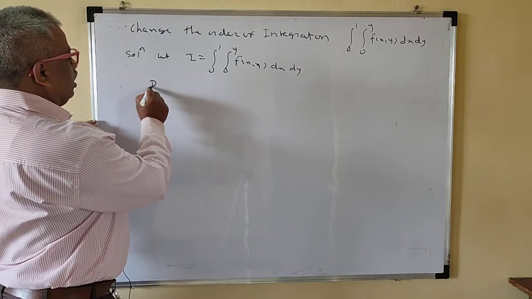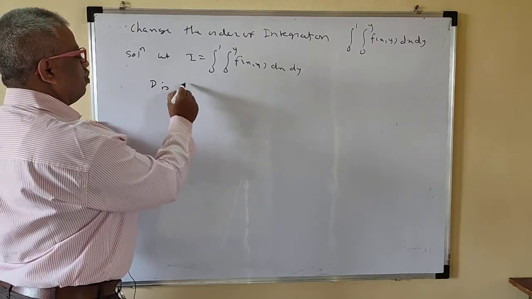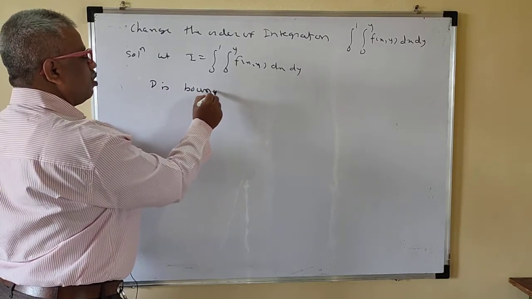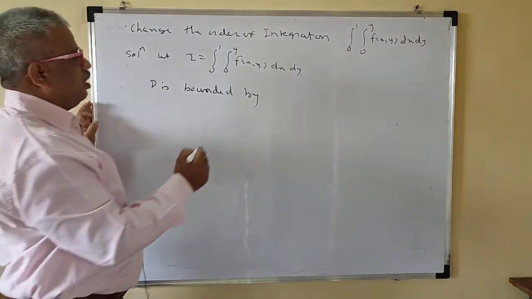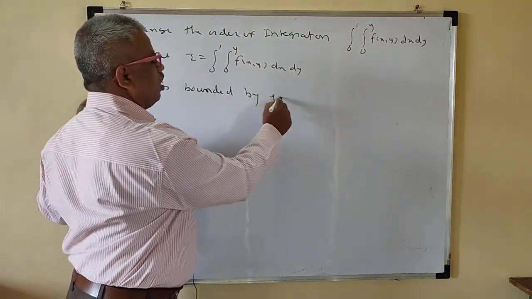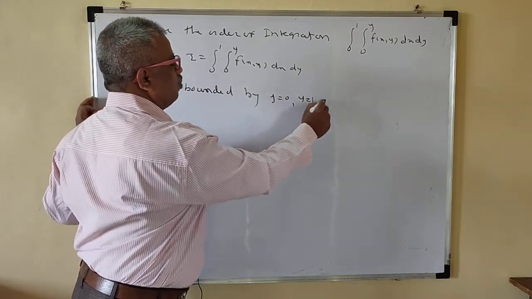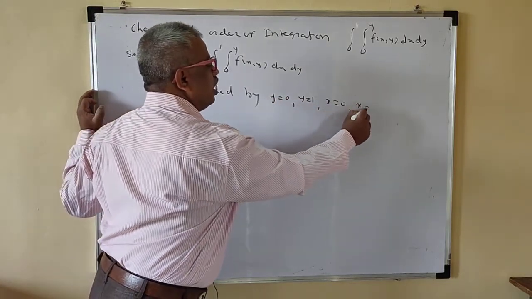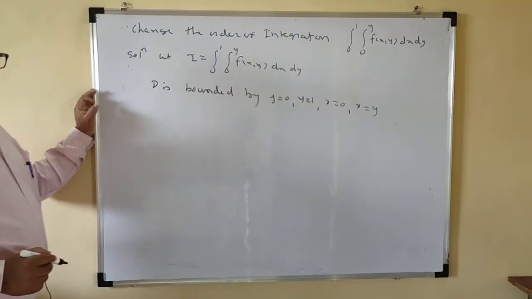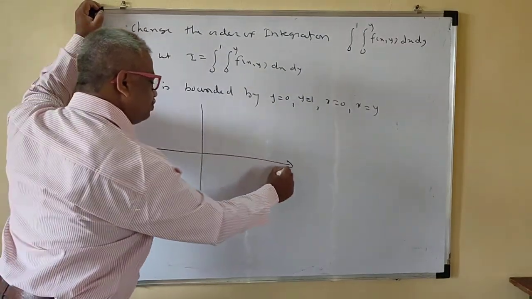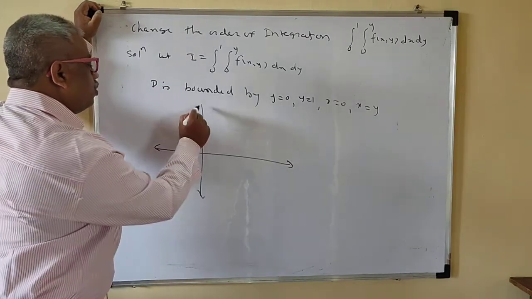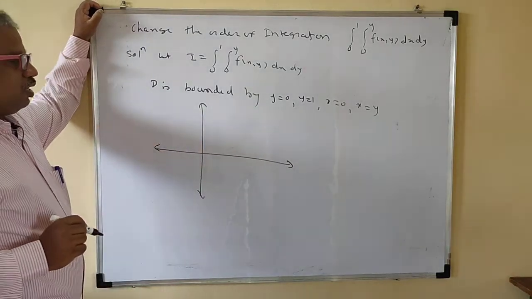Here D is bounded by y is equal to 0, y is equal to 1, x is equal to 0, x is equal to 1. Okay, so we'll draw the region.